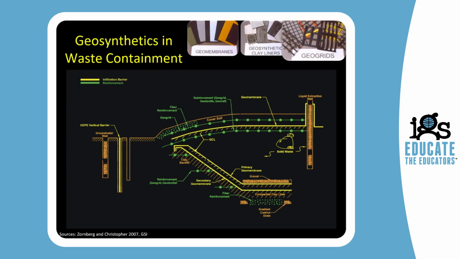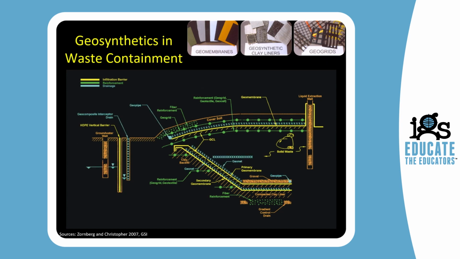In addition to the yellow infiltration barriers and the green reinforcements, we need drainage layers. And here we have a series of blue drainage layers. On top of each barrier system, we will need a drainage system. On top of the geomembrane in the cover, we have a drainage layer that ends in a geopipe.